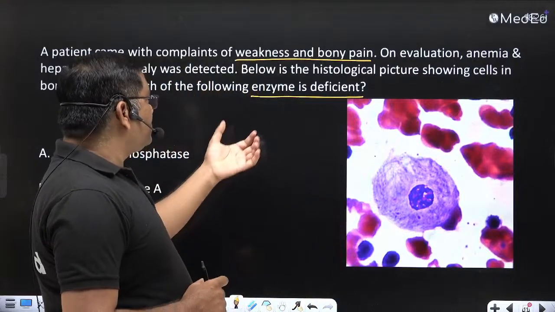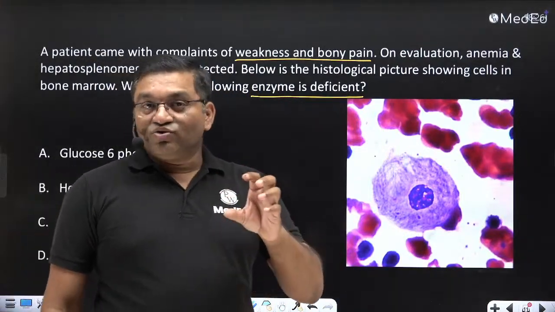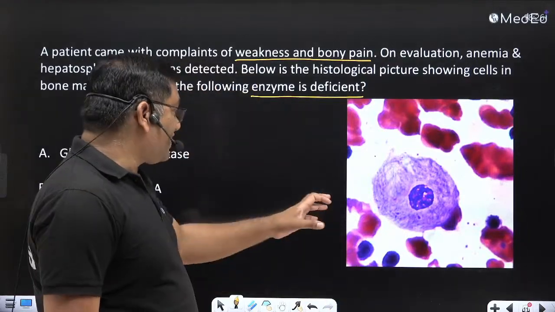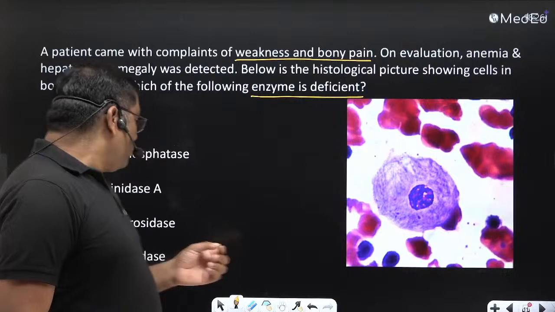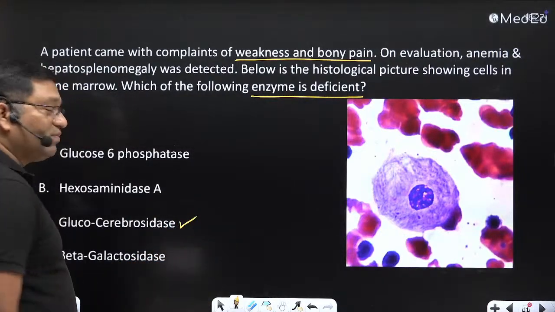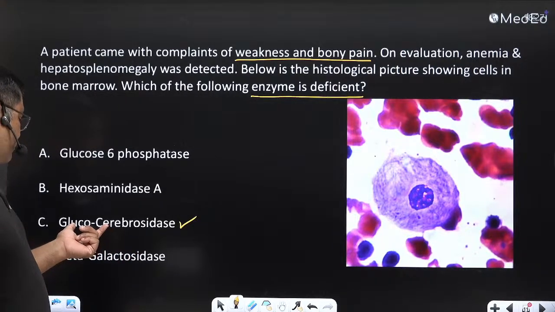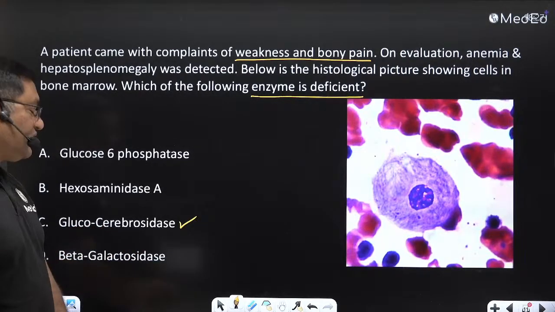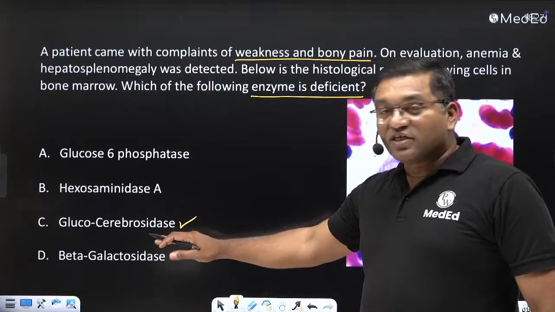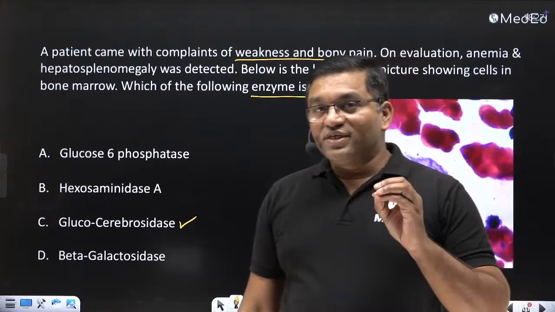There are intracytoplasmic lysosomal inclusion bodies, a lysosomal storage disorder. There is accumulation of glucocerebrosides, due to absence of the enzyme glucocerebrosidase, that is beta glucosidase. The accumulated compound is glucosyl ceramide.